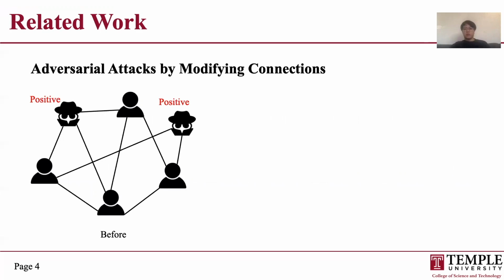However, recent researchers found that such machine learning models are vulnerable to adversarial attacks. This slide shows adversarial attacks by modifying graph connections. In the original graph, two malicious nodes can be detected by the node classification system as positive. The attacker first chooses a subset of malicious nodes as the target nodes, which is the one inside the red circle in this example, and then modifies the connections of the target node.